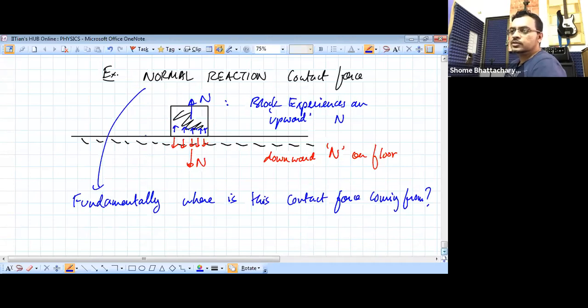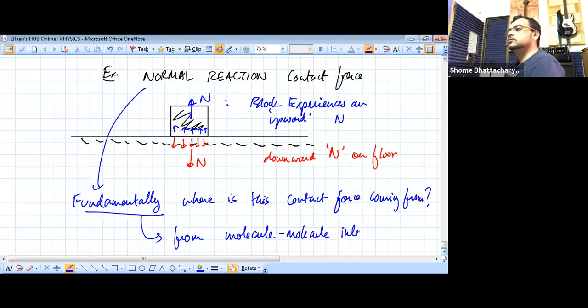It is coming because the molecules of the surface and the molecules of the block are repelling each other. So fundamentally, it is coming from molecule-molecule interaction at the surface of contact.